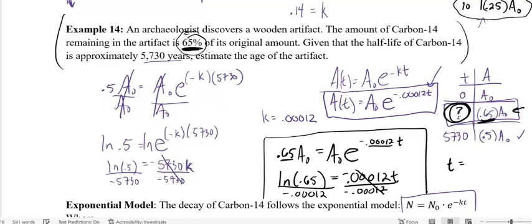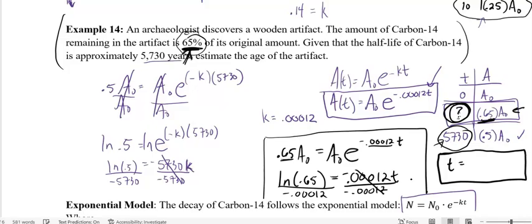So before you plug this into your calculator, ask yourself, should it be greater than 5,730 years old or less than? The answer is it should be greater than this number, right? Because when half of it's left, oh, I take that back. It should be less than that number, right? It should be less than this number because there's more than half left. There's 65%.